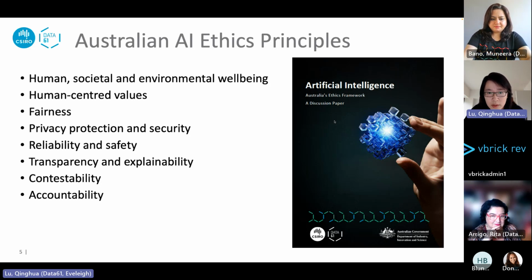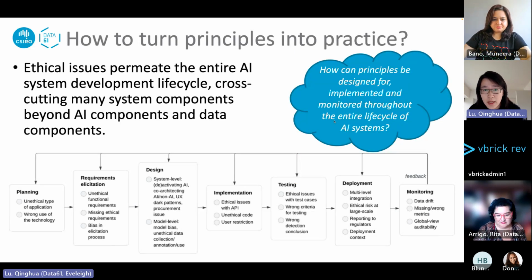But the problem with the principles is they are very high level. It's very challenging to turn the principles into practice. For example, the principle itself doesn't tell you how the accountability principle can be designed for, implemented, and monitored throughout the entire life cycle of AI systems.